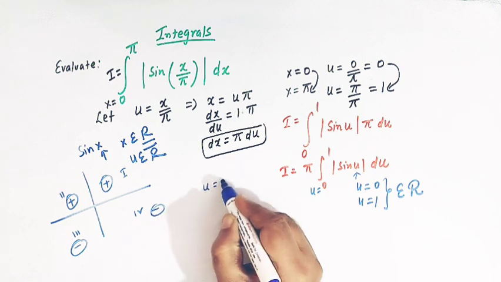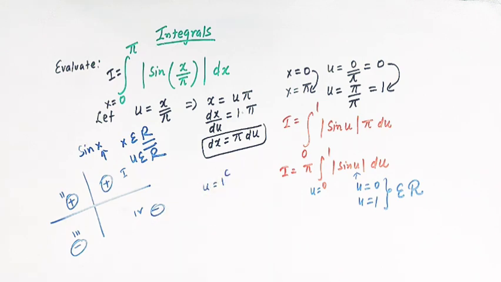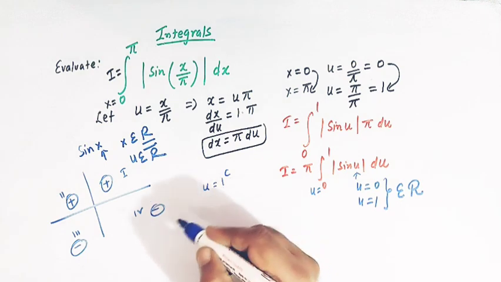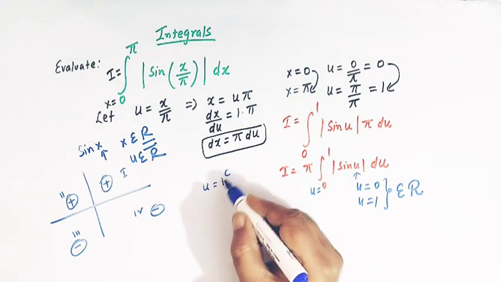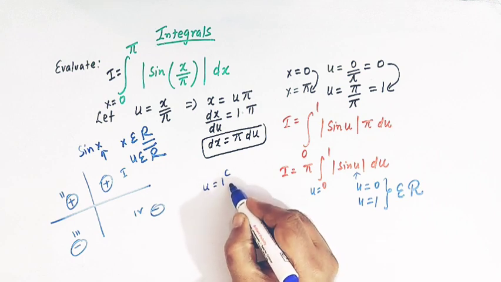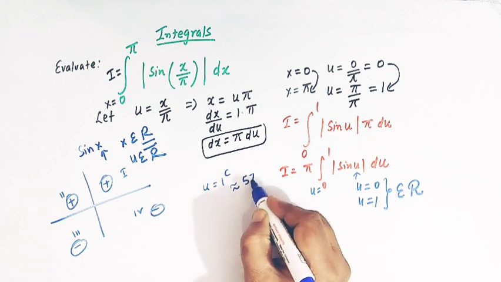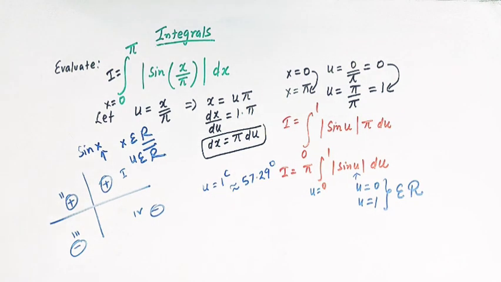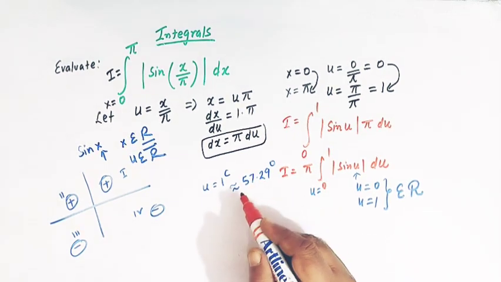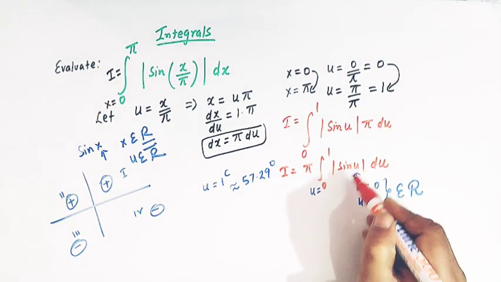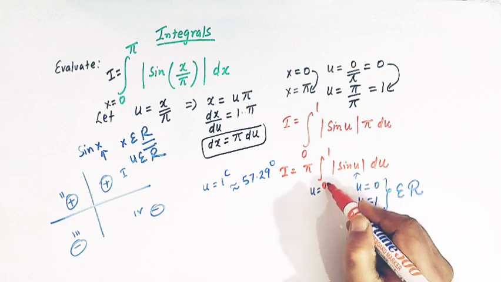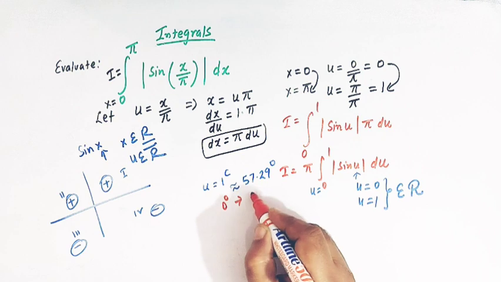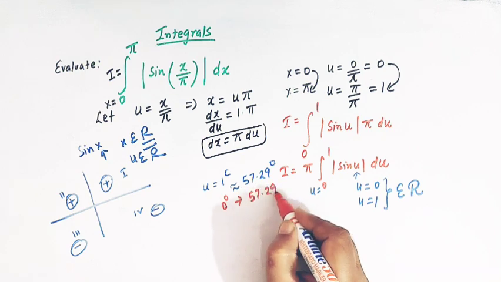Here 1 is actually 1 radian. We know that 1 radian is equivalent to around 57.29 degrees. So it implies that the value of u, that is this angle, varies from 0 degrees to 57.29 degrees.